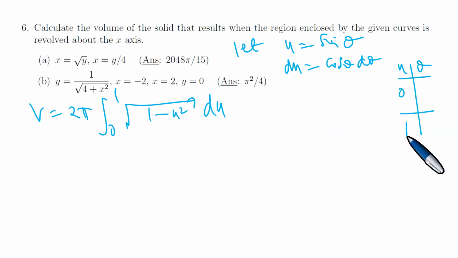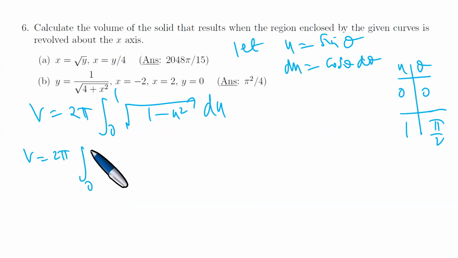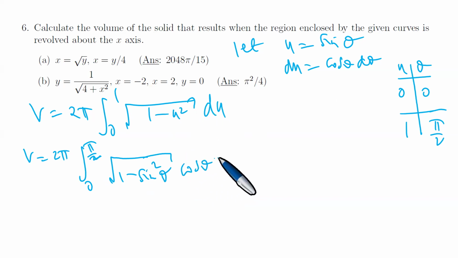U is from 0 to 1; when u is 0, theta is 0, and when u is 1, theta is pi over 2 radians. The volume is 2 pi, the integral from 0 to pi over 2, the square root of 1 minus sine squared theta. What is du? Du is cosine theta d theta.